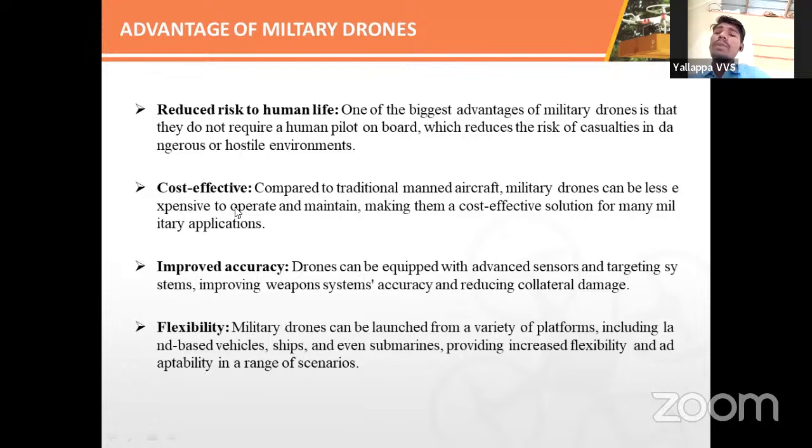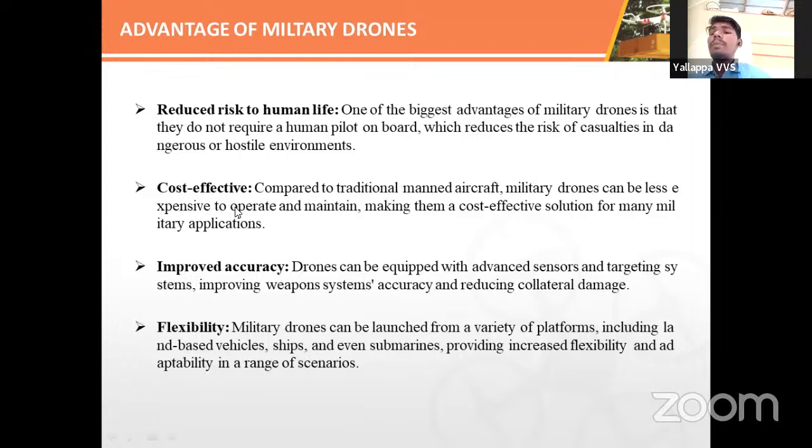Next, cost effective compared to traditional manned aircraft. Military drones can be less expensive to operate and maintain, making them a cost-effective solution for many military applications. Next, improved accuracy.